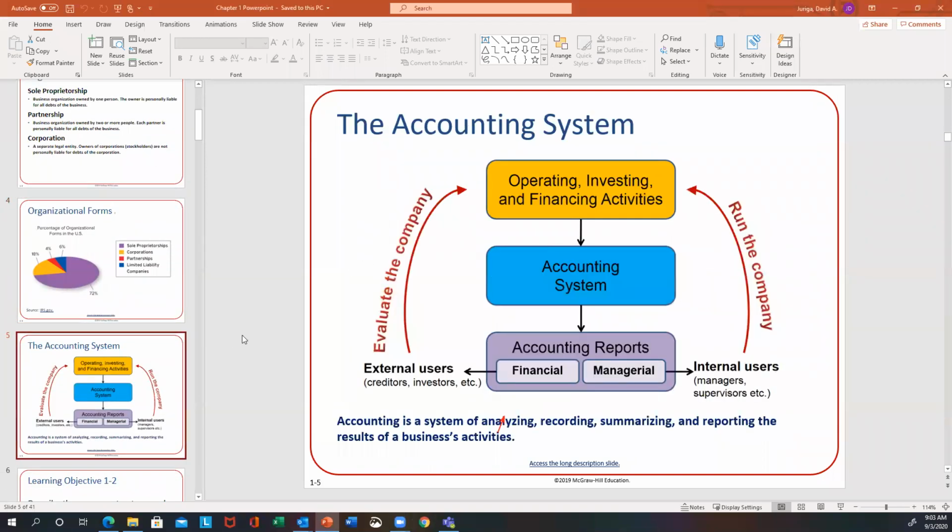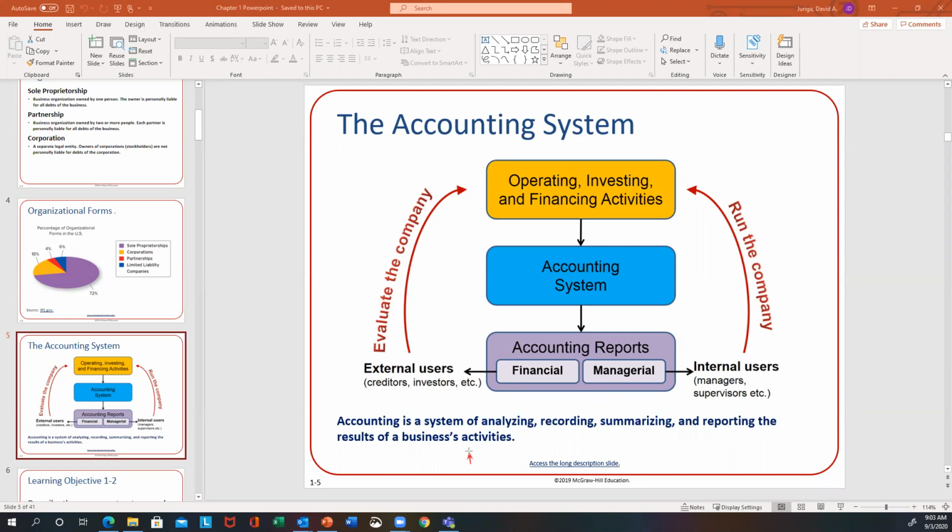So again, if you go back and look at your basic definition of accounting, the accounting system analyzes, records, summarizes, and reports on these business entities. And of course, we've got external users using these financial reports, and we've got internal users.